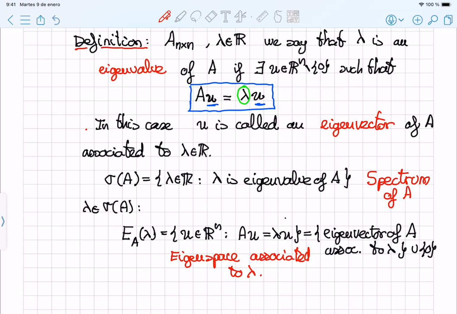Now fix one of these eigenvalues, lambda, and find all the eigenvectors associated to lambda. All these eigenvectors we put in a bag, in a set, and we obtain this eigenspace.